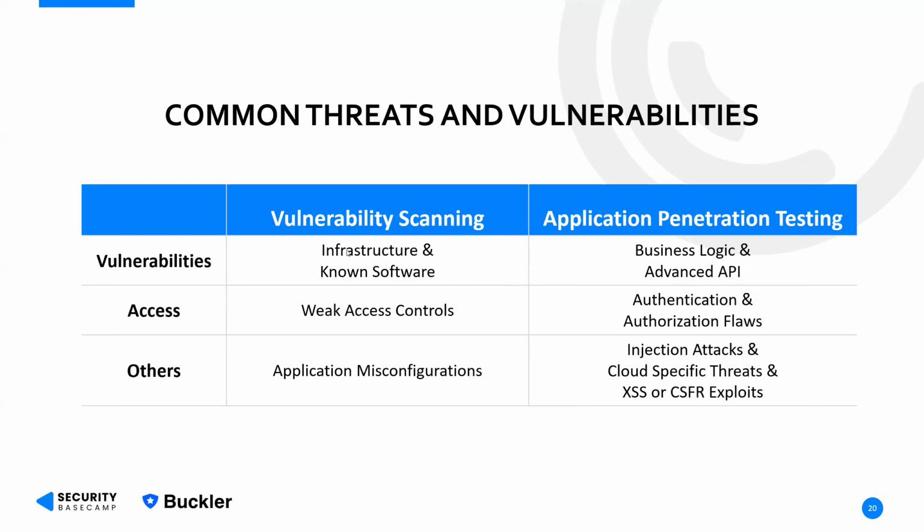With vulnerability scanning, we're going to make sure that our infrastructure and the software that is part of our domain, part of our environment, are secure versions. Infrastructure meaning computers, servers, networking devices, that they are properly patched and that firmware is up to date.